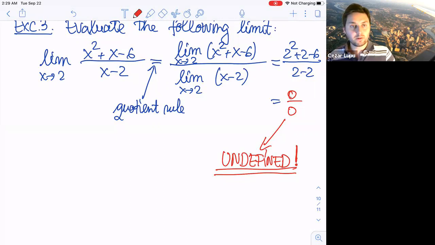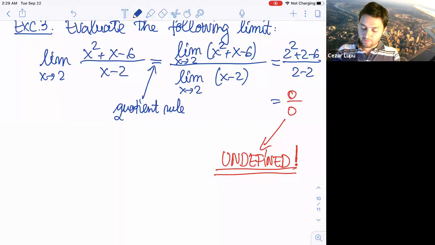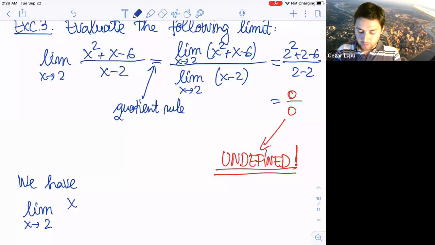So maybe I should, let's do something. Well, maybe we can factor this guy on the top, x squared plus x minus 6. So let's do that. So we have that the limit as x approaches 2 of x squared plus x minus 6 over x minus 2.